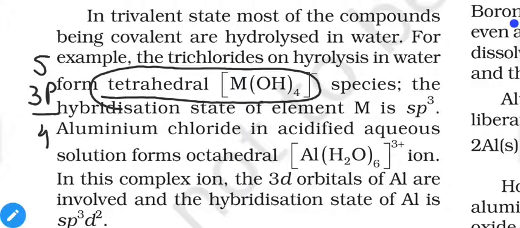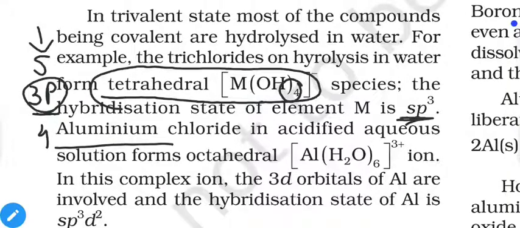But except boron, all the other elements of group 13 contain empty d orbitals. So if required, these elements can use d orbitals to expand their covalency. Because of that, aluminium can form more bonds than usual. If the element forms only 4 bonds, then it uses one s orbital and 3 p orbitals. That's why they form sp3 hybridization.